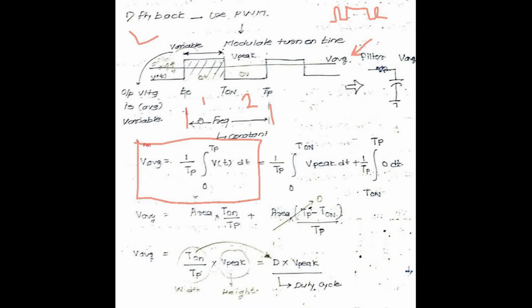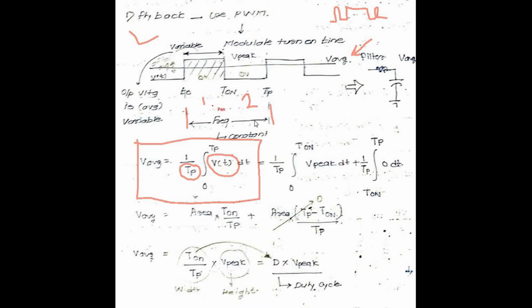This is the total integral formula, where TP is the total time period of the waveform. So 1 divided by TP, the integral from 0 to TP, of VT, which is your signal. For this example, this is the VT waveform, so we have to integrate the total signal over here.